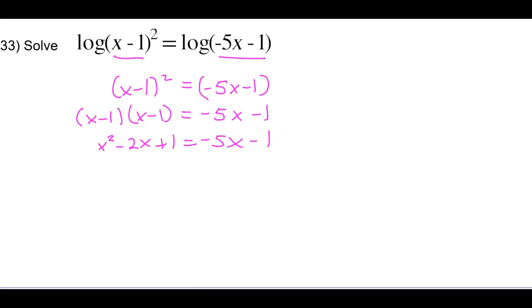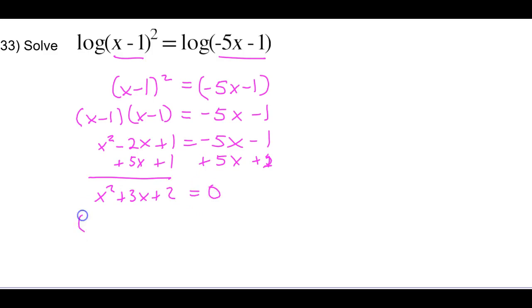So now I'm going to add 5x to both sides, and I'm going to add 1 to both sides, which gives me x squared plus 3x plus 2 equals 0.